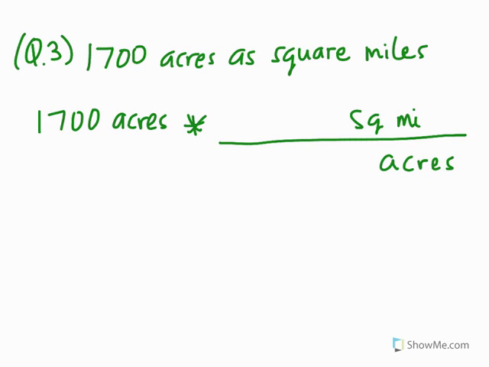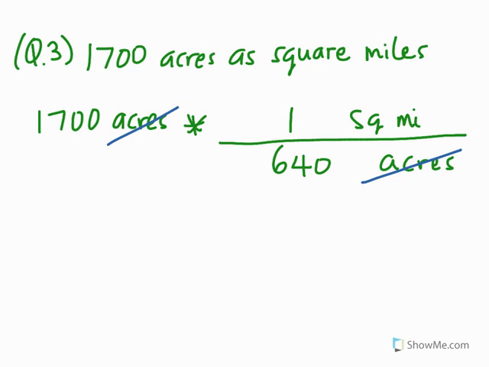So, what is the relationship between acres and square miles? We have that 1 square mile, we put 1 square mile is 640 acres. And of course, acres will divide acres to give us 1. And then when we multiply 1700 times 1, it gives us 1700.